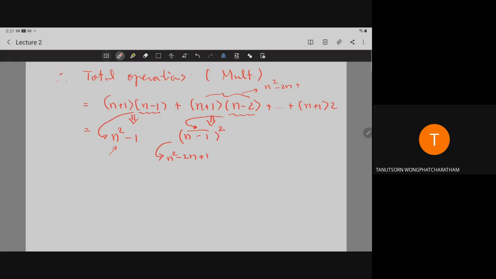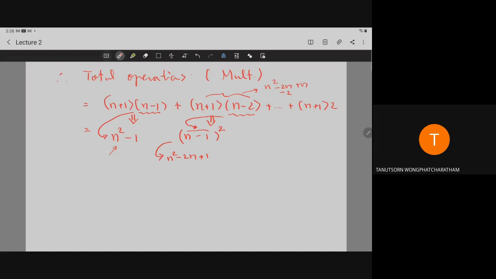Minus 2n plus n, and then minus 2. Let me see, does it add up? n square minus 2n plus n, and then minus 2.